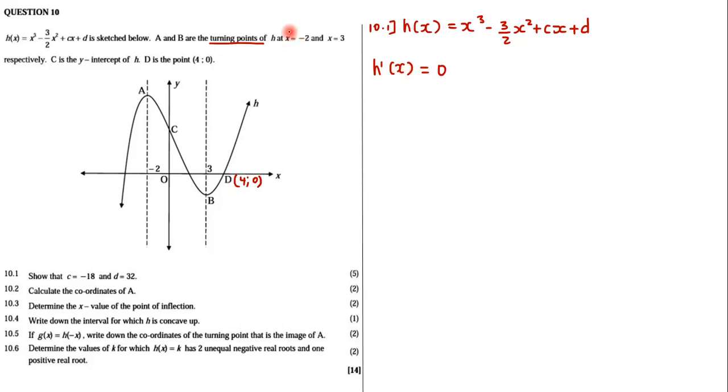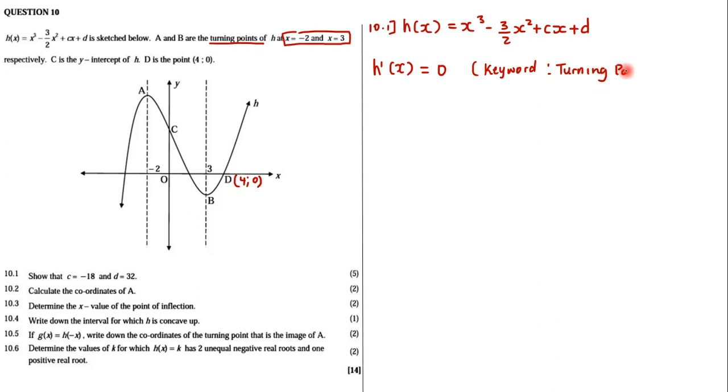In this case, everything is reversed. We are given the x coordinate, but we want to find the unknown that ended up giving these x coordinates. That is why we need to start with this, because the key word we were given was the turning point.